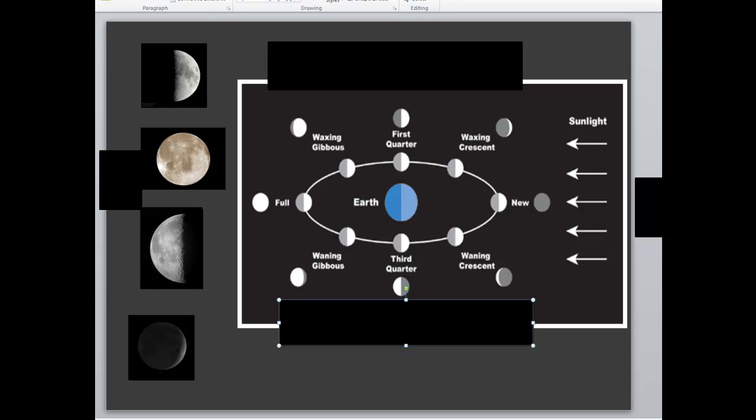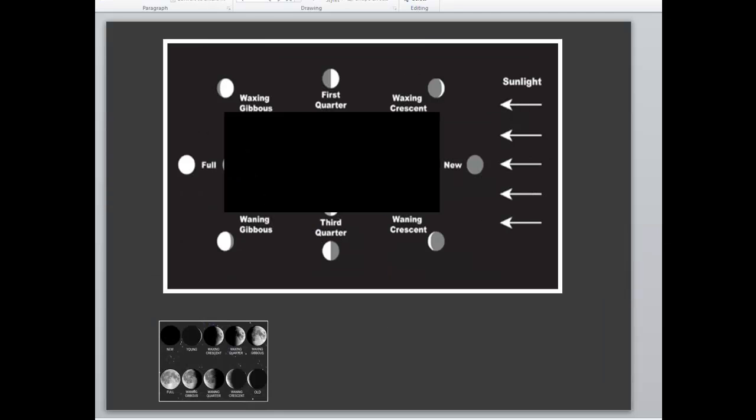If we go to the next slide, and I block out this middle portion, you can see all of the different phases of the moon. Start from new, pay attention to the shadow, and understand that the shadow always moves from right to left, and you can put together where you are in the rotation, in the cycle here.